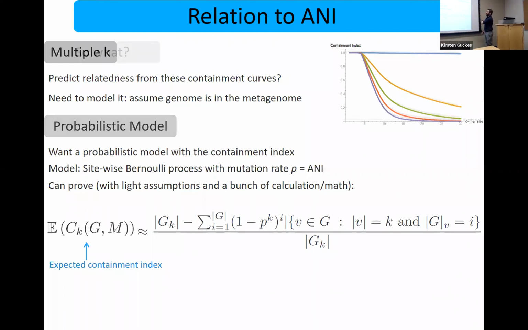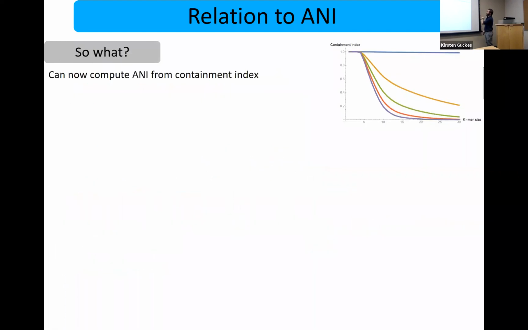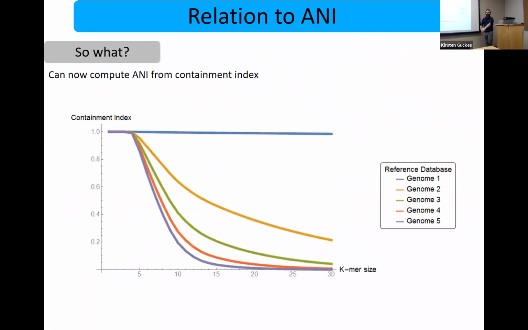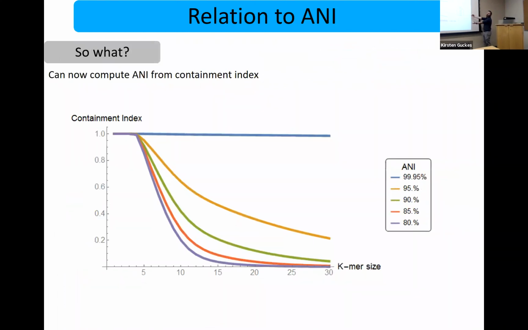Then, what I can do is the following. I take this back, I can solve the inverse problem. Hey, my curve actually looks like this. What was the p-value? And that allows me to take this legend here and now change it with average nucleotide identity.